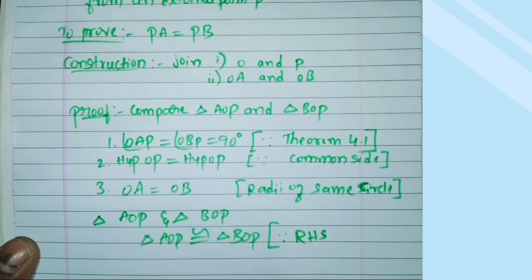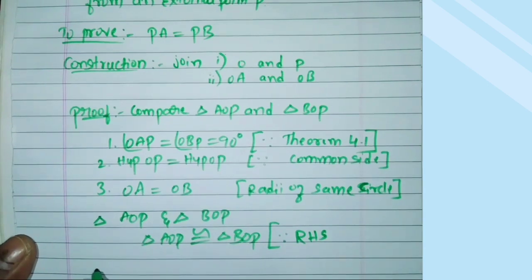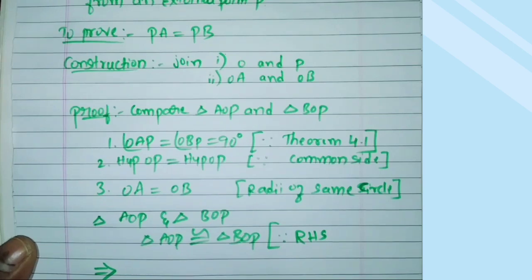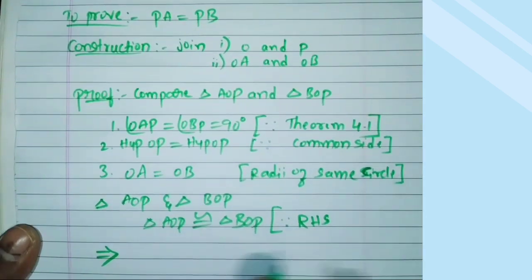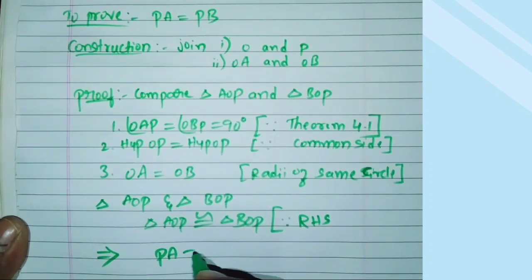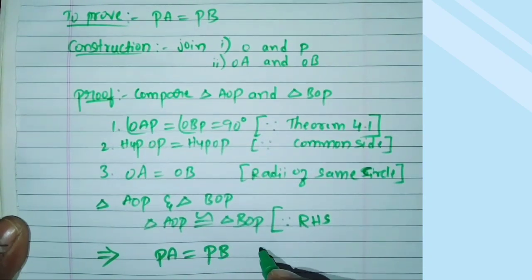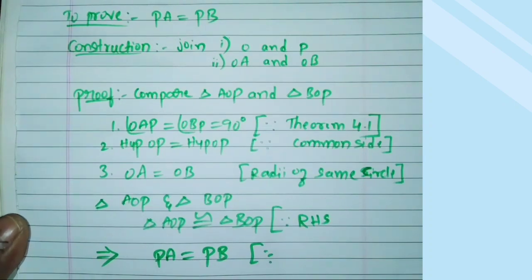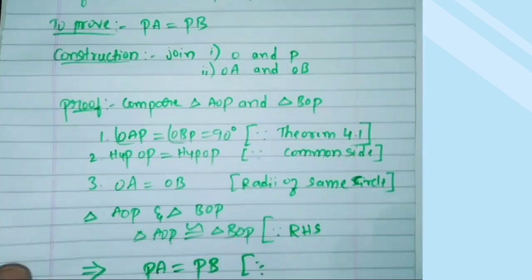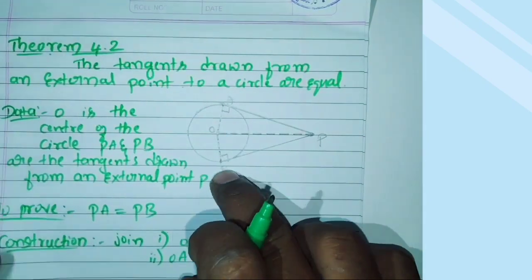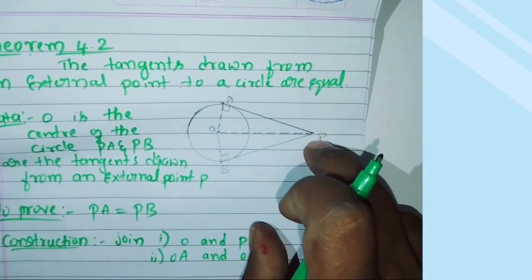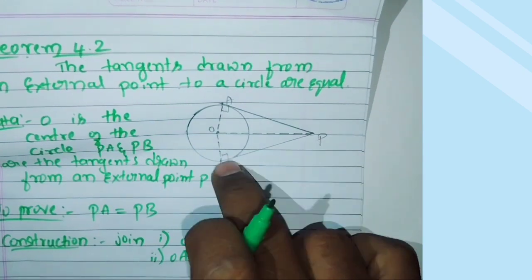So finally this implies PA equals PB. Why? Because PA equal to PB means the tangents drawn from an external point are equal.